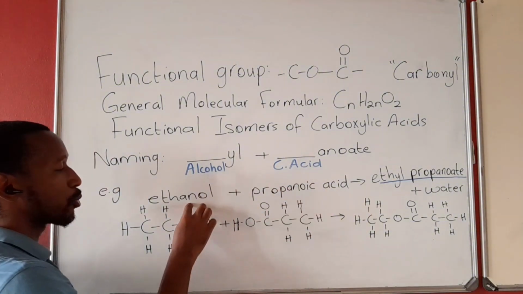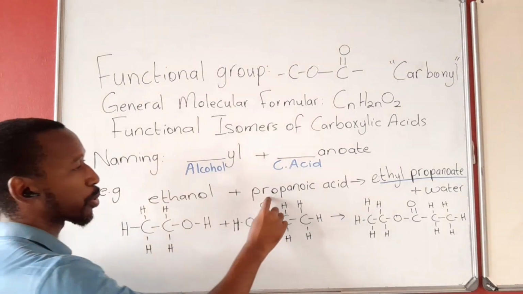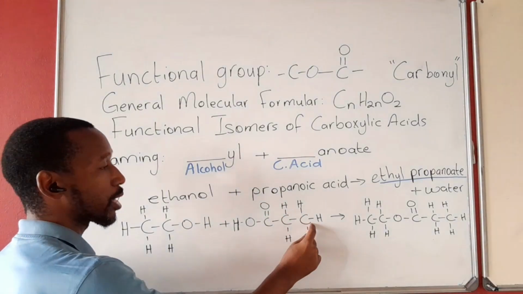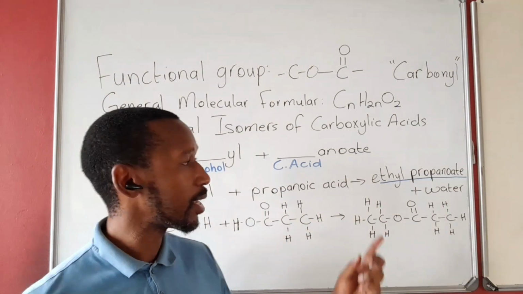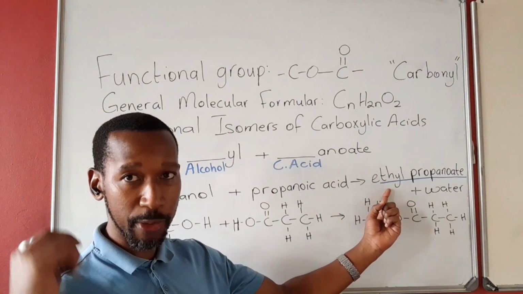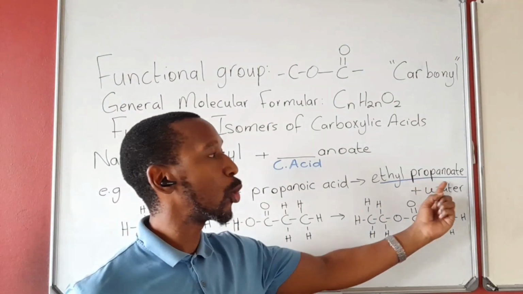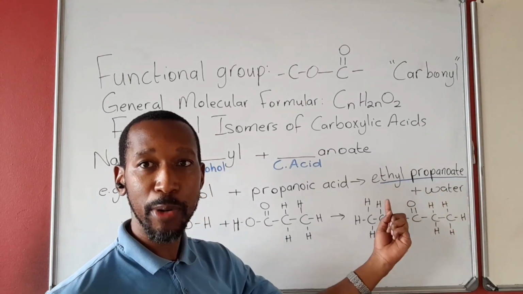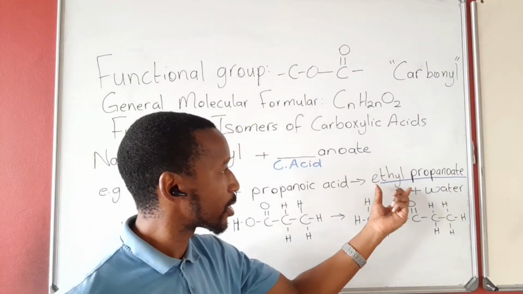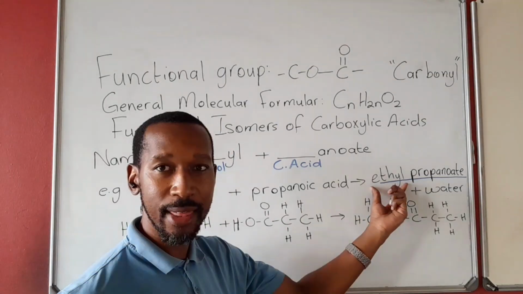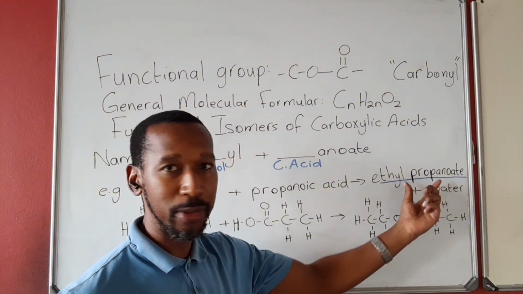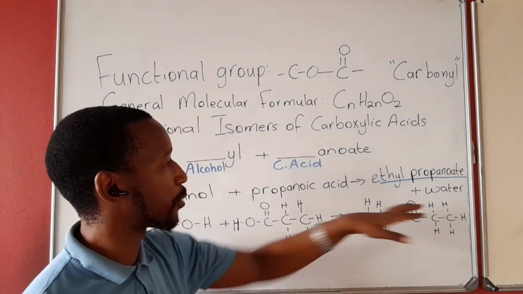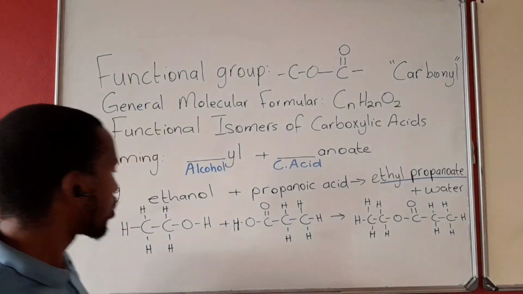Ethanol has two carbons, and propanoic acid has 1, 2, 3 carbons. Therefore, the product that would be formed is ethyl, coming from the alcohol part, propanoate. The propanoate comes from the propanoic acid. Just by looking at this, we know that the alcohol was ethanol and propanoic acid was also used for this compound. And there is also the water on the side.